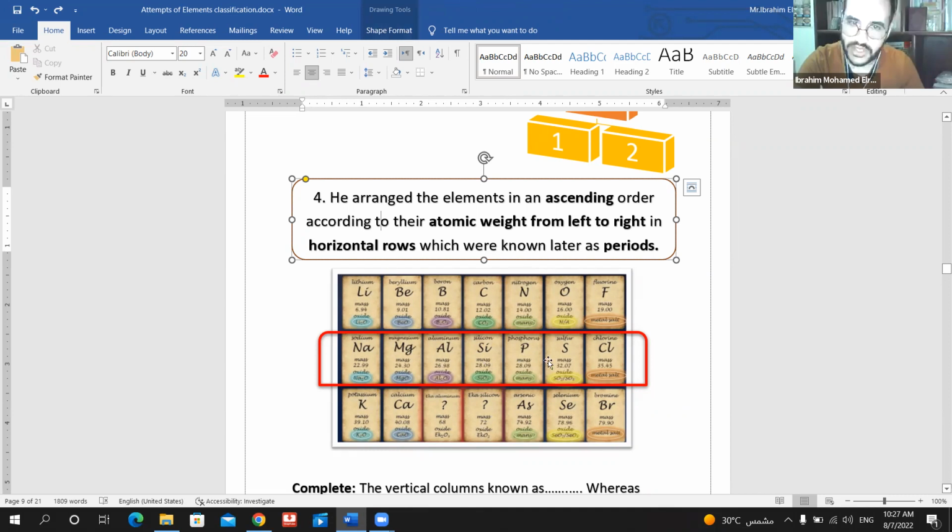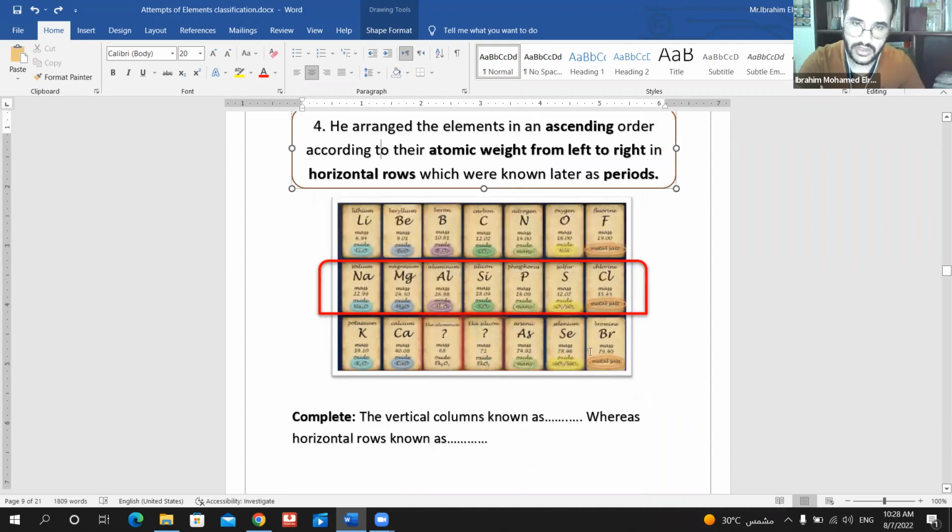So in this picture, we have vertical columns called groups, and horizontal rows called periods. And the atomic weight increases from left to right in a uniform way.